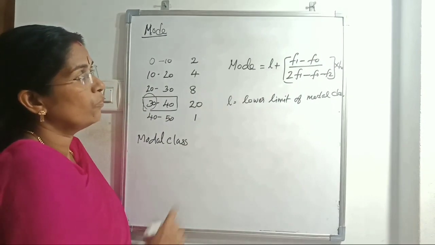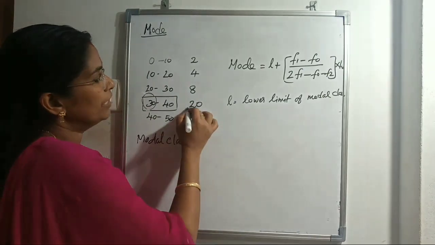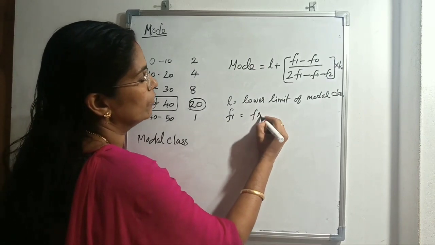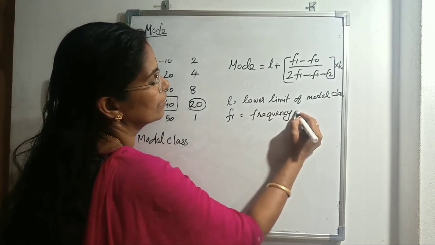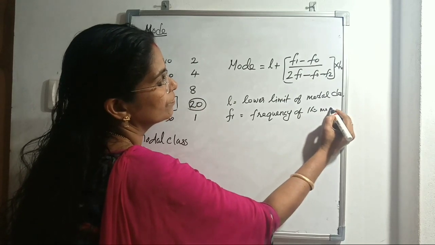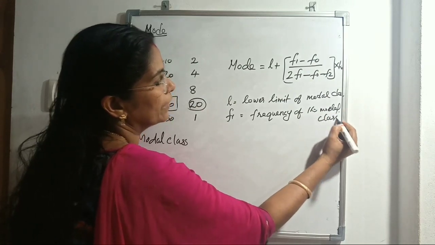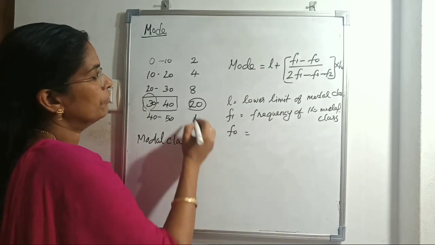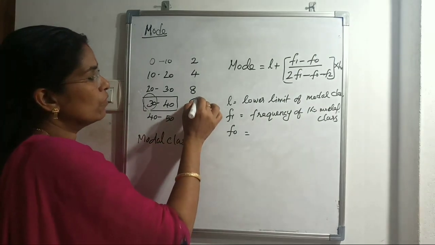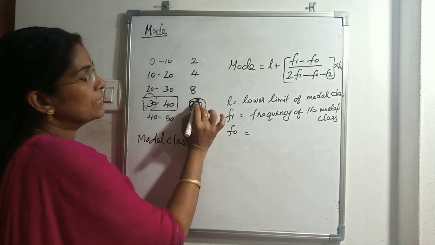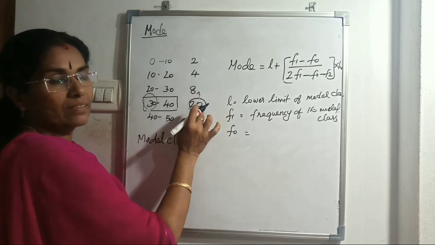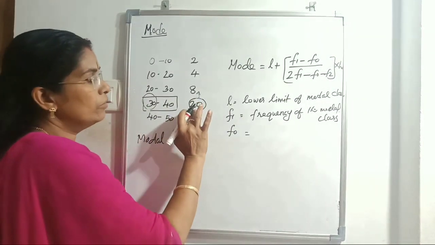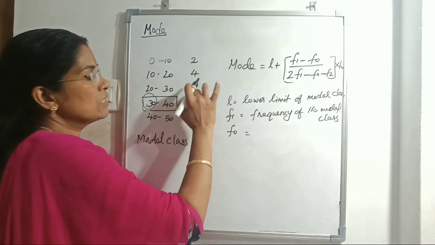Clear? Now what are F1 and F0? The frequency of the modal class is called F1. Clear? So what is F0? F0 is the frequency of the preceding class to the modal class, meaning just above the modal class.